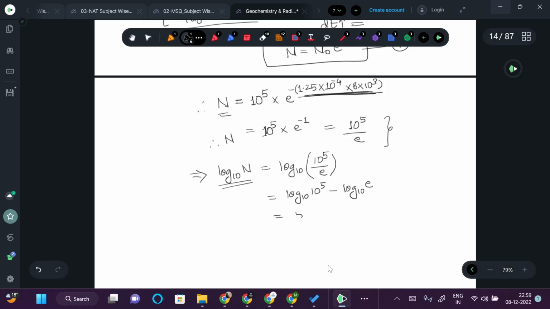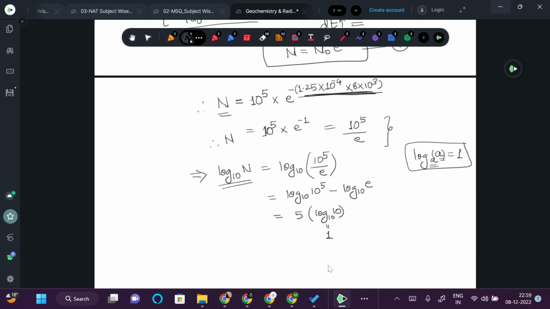Again, this 5 will come out, right? It will be log base 10 of 10, so this will eventually be 1. Whenever there is something of this sort, log base a of a comes out to be 1. So whatever you put at a, this will come out to be 1. There are some properties that I will discuss, the important ones, whichever is required.